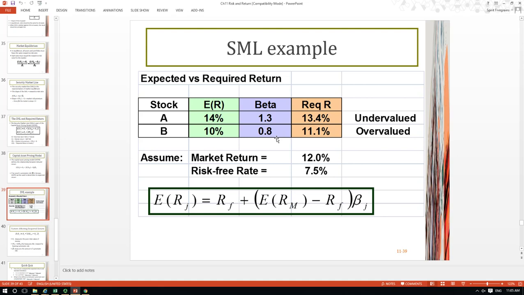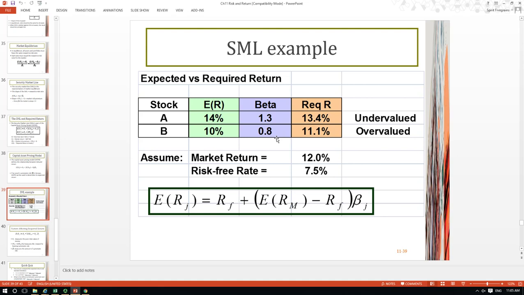For stock A, expected return equals risk-free rate 7.5% plus risk premium. The difference between expected return for market, which is 12%, and the risk-free rate, that will give you 4.5% market risk premium.